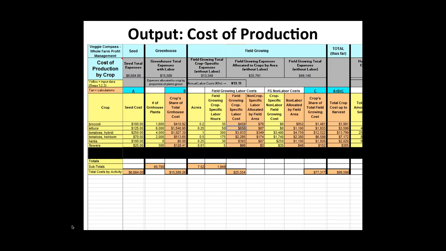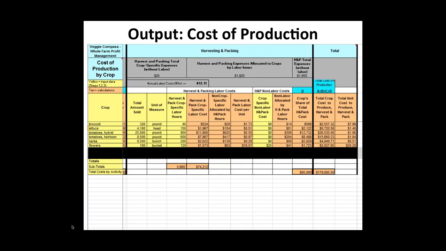The next 3 pages are all output pages with calculations based on those first 3 input pages. The first is a cost of production page that carries you through seed, greenhouse, field growing, through harvest and pack, and to a total.